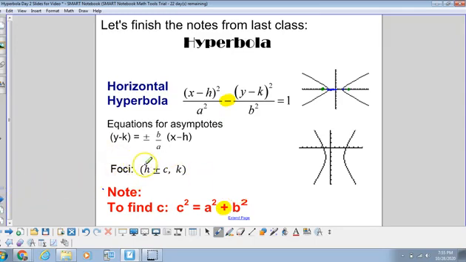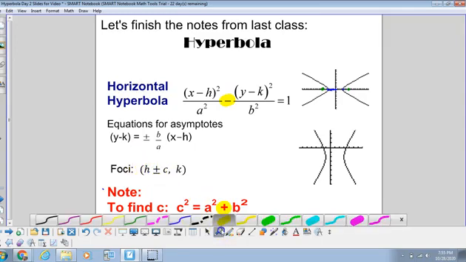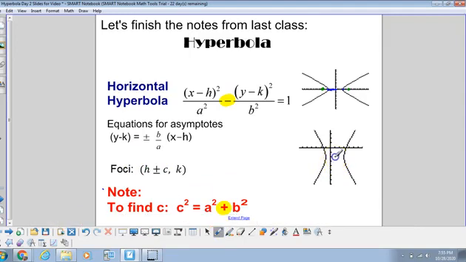So when we're finding the foci, if it's a horizontal hyperbola, we'll add and subtract that C value to our H, which indicates that from the center, we're going to be going a certain amount left and right. So right is when we add H plus that C value. Left is when we have H minus that C value.